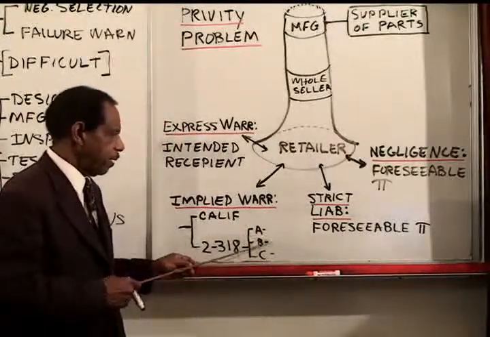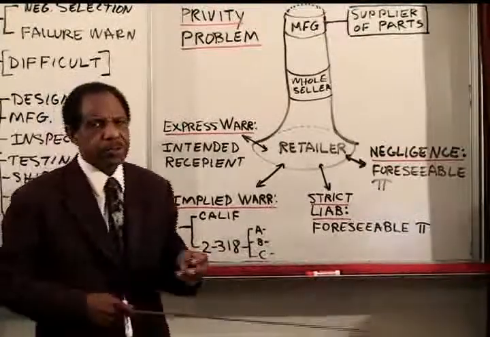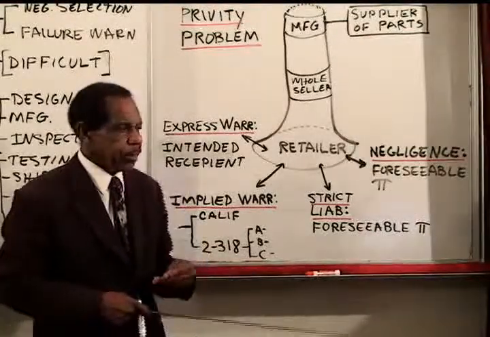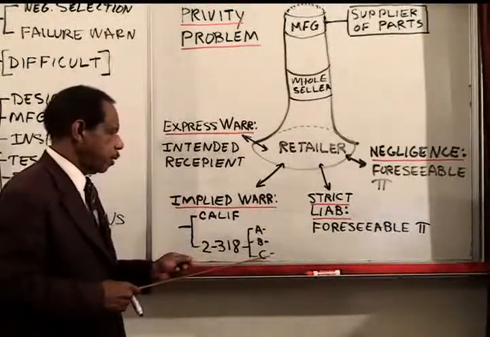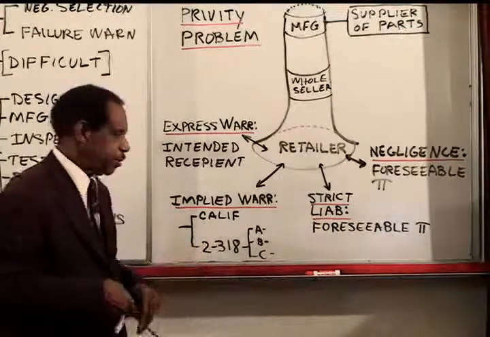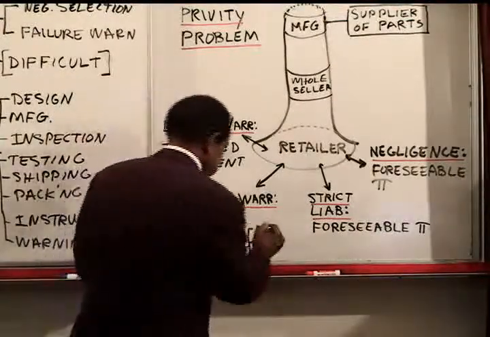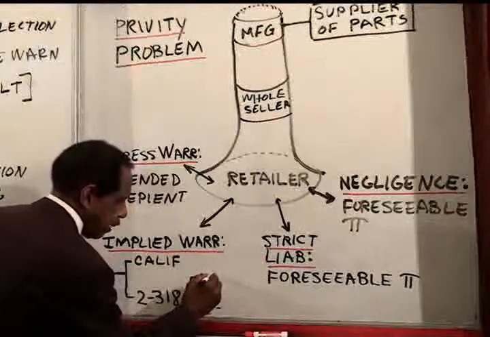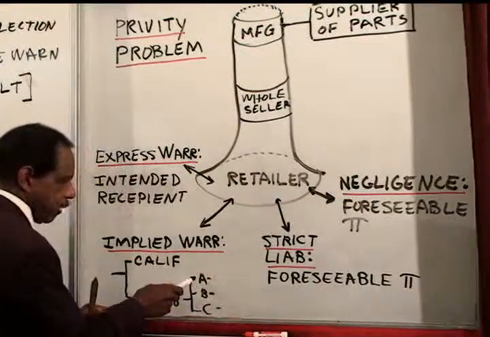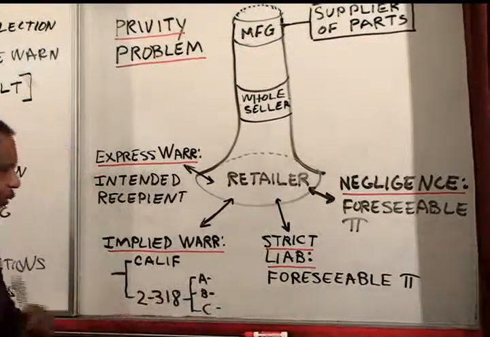But A and B both apply only to personal injury. And C, on the other hand, applies to property damage. So both of these apply to personal injury. This is family or guest. Take a look at the code.